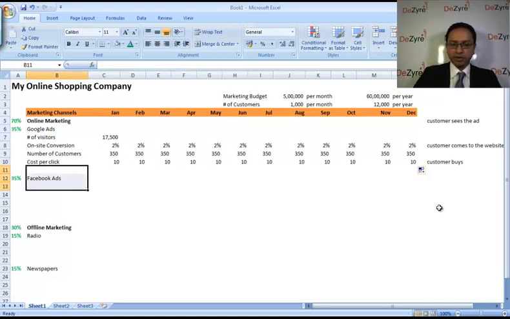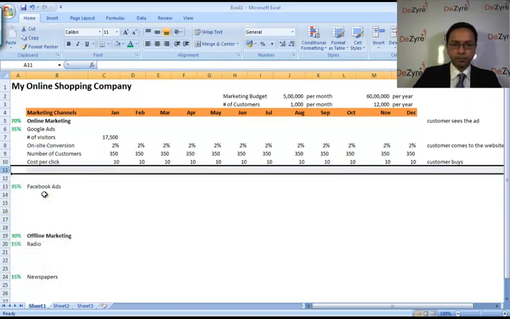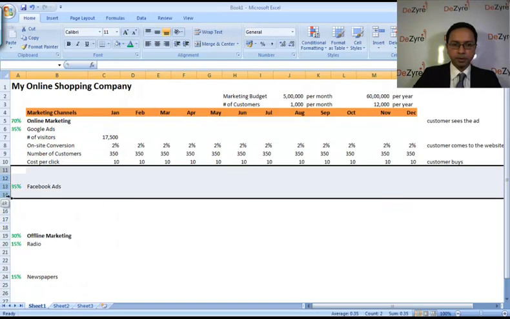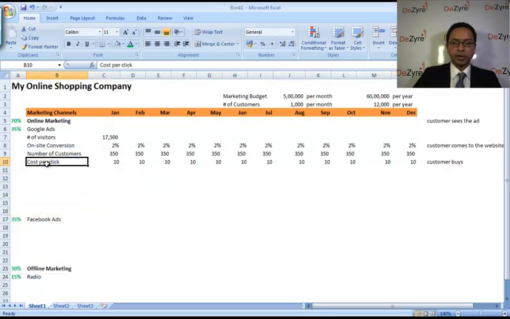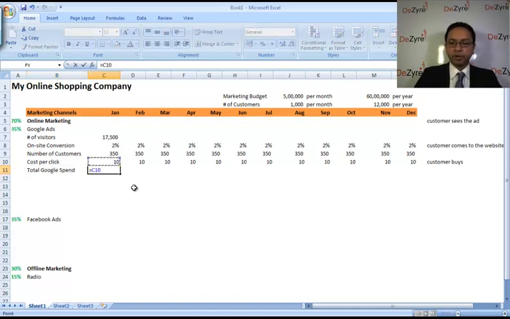Okay, so I'm going to add a few rows right there. Okay, cost per click. All right. Now, total Google spend, how much you spend on Google, is 10 rupees per click multiplied by how many clicks?